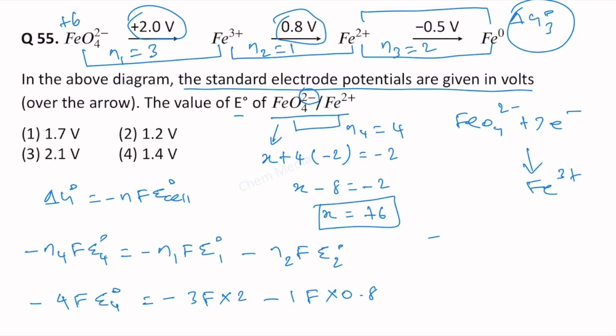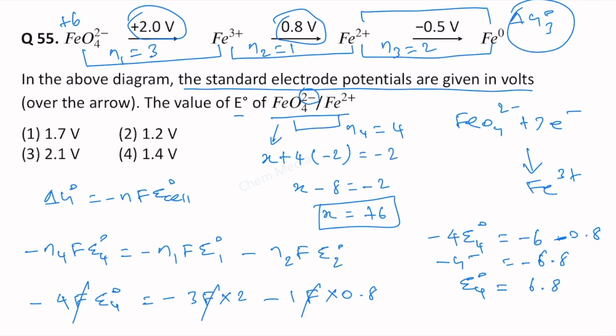Therefore, minus 4 E4 standard is equal to, F is constant everywhere, therefore we can remove that. This is equal to minus 6 minus 0.8, because 3 times 2 is 6. Therefore, minus 4 E4 standard is equal to minus 6.8. Minus is common on both sides, therefore I am removing the minus. So E4 standard is equal to 6.8 divided by 4.